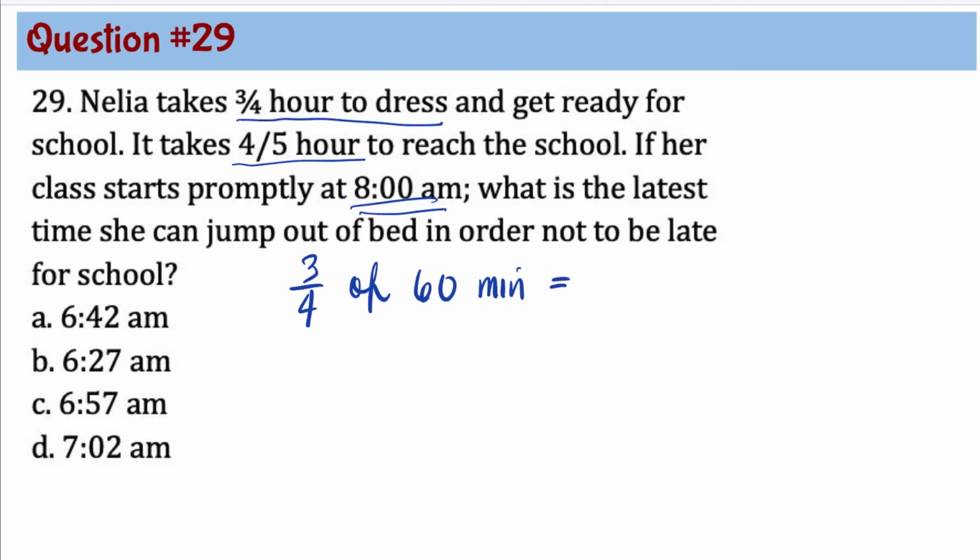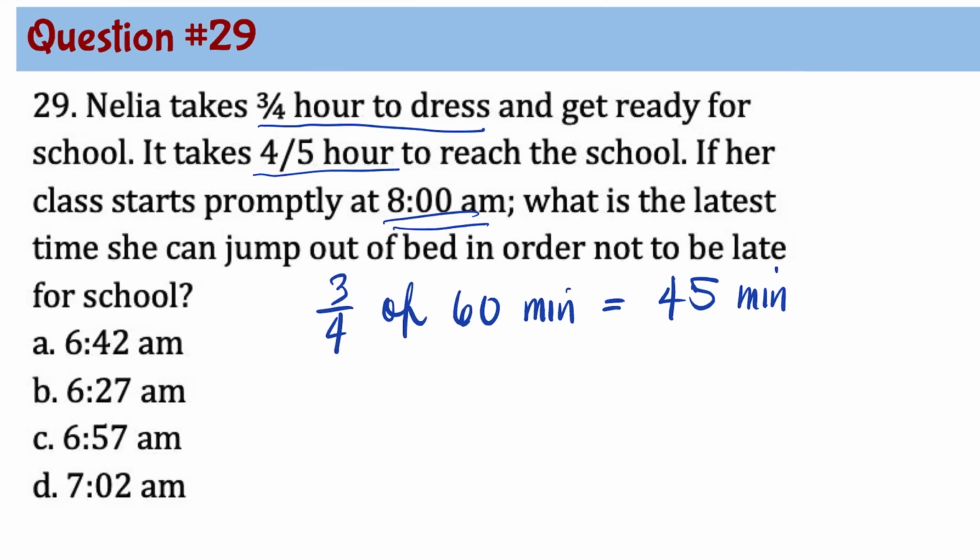getting dressed and getting ready. So to simplify this, you can do 60 divided by 4 is 15. 15 times 3 is 45 minutes. Or one way to think about this is 1/4 of an hour is 15 minutes. 3/4 of an hour is 45 minutes. Now, Nelia also takes 4/5 of an hour, so 4/5 of 60 minutes, to reach the school.